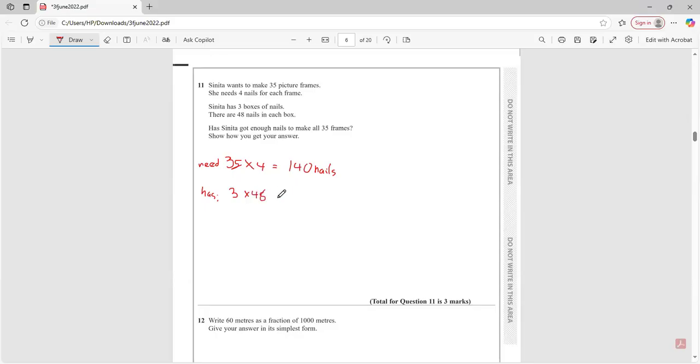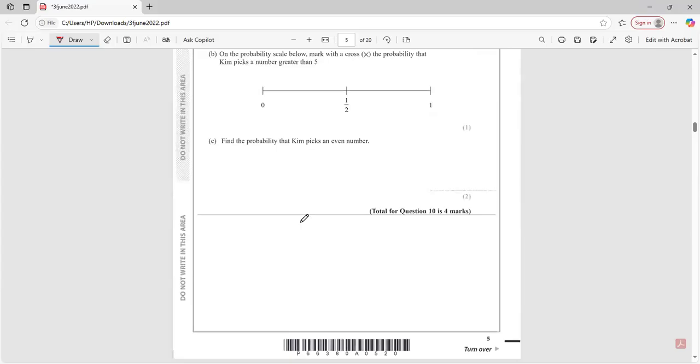So that's going to give us what? 3 times 8 is 24. 3 times 4 is 12 plus 2, 14. So she has 144 nails. So I guess she has enough, right? Yes. Okay. Moving on.